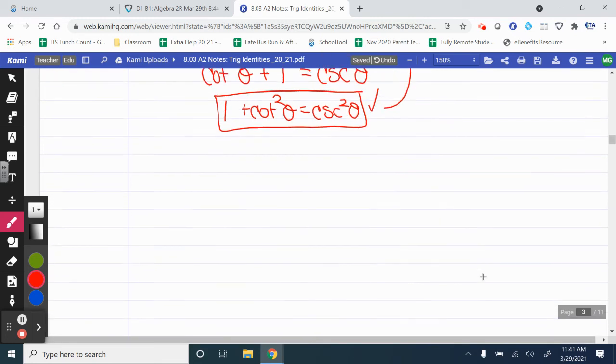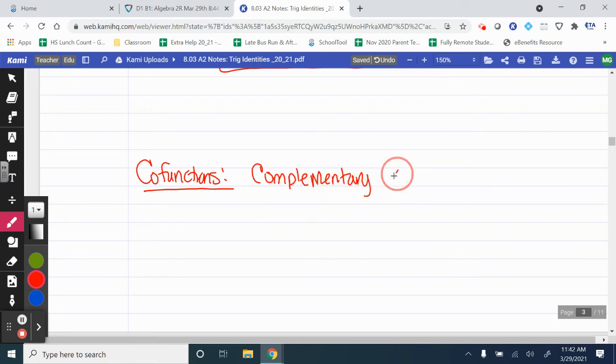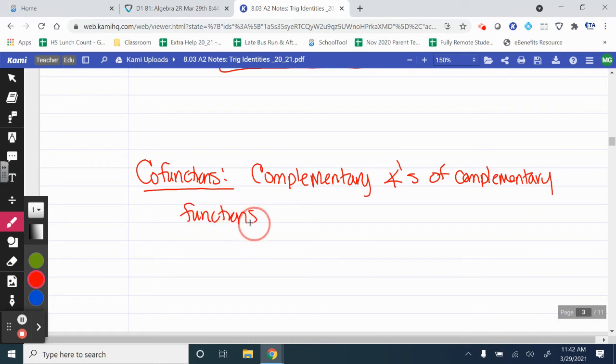All right. The last thing we're going to talk about here are cofunctions. So that tells us that complementary angles of complementary functions are equal.